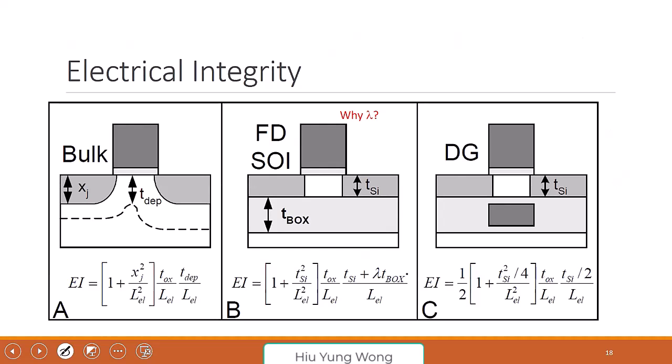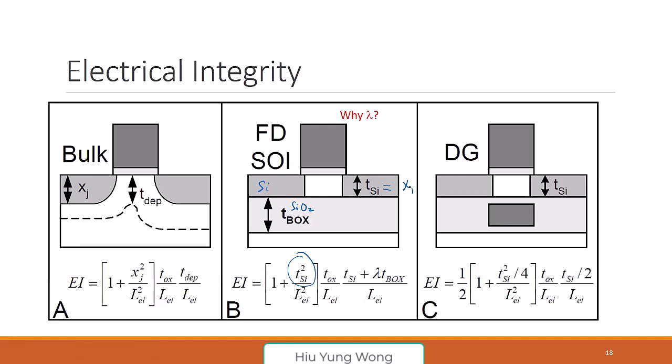If we look here, this is the original electrical integrity. When we go to so-called fully depleted SOI, I don't discuss it now, the equation is changed. Why, and what is changed? First, this is the thickness of the silicon. This is silicon, and this is oxide.